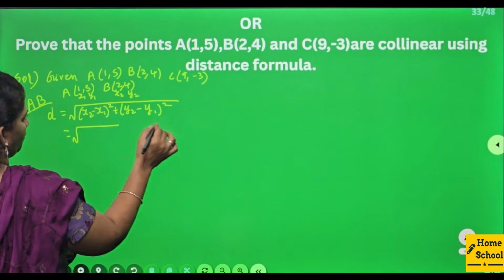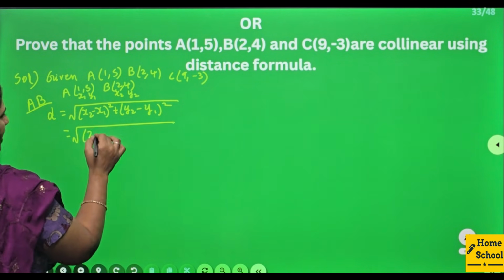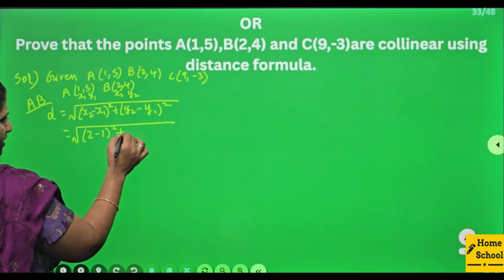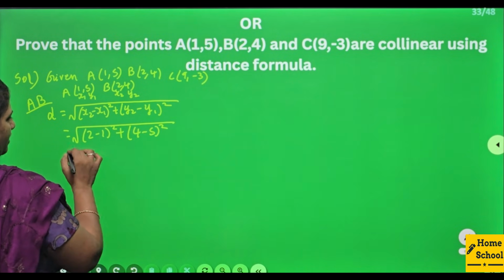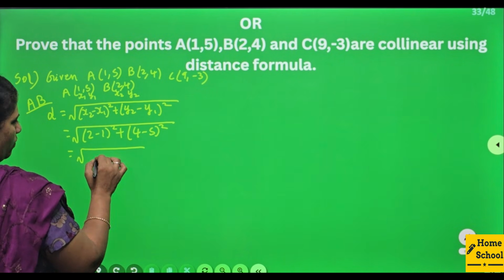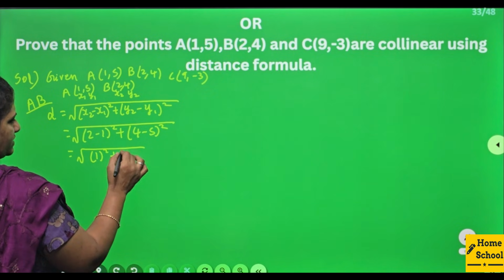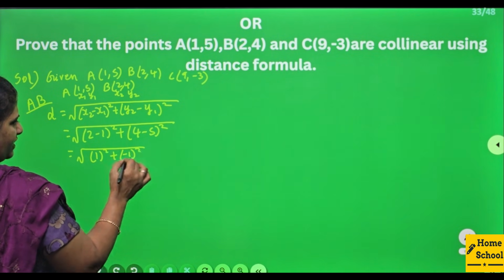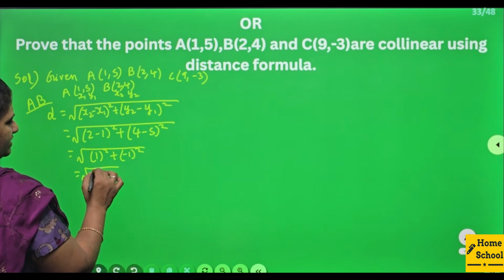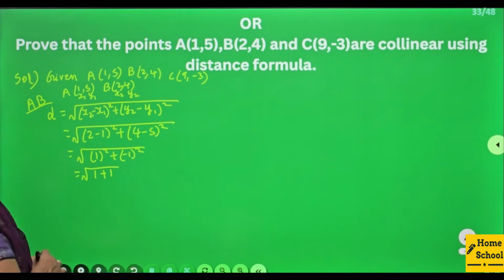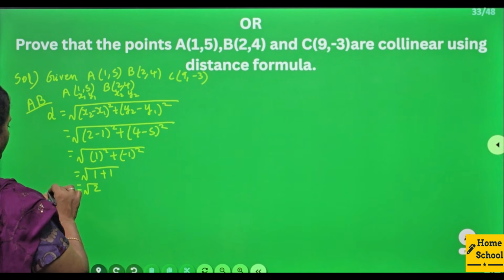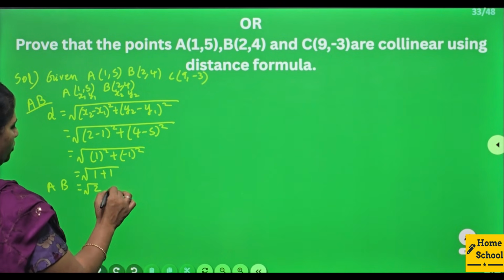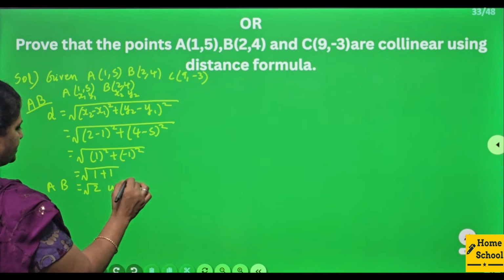Now substitute in the formula: 2 minus 1 whole square plus 4 minus 5 whole square. 2 minus 1 is 1 whole square plus 4 minus 5 is minus 1 whole square. 1 1s are 1, minus 1 whole square is also 1. Therefore, that is root 2. AB is equal to root 2 units.